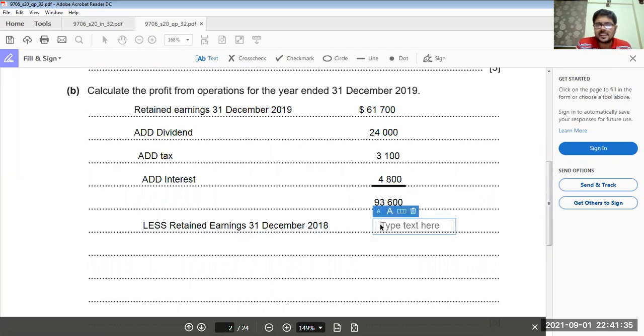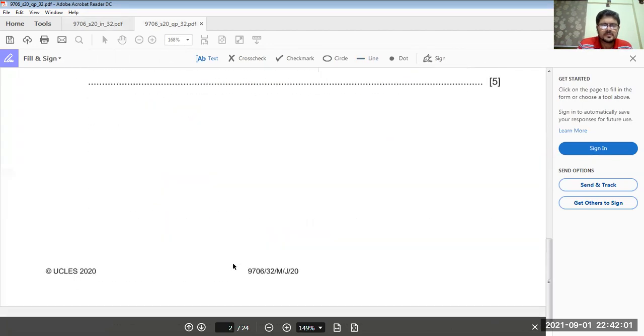The ending of 2018 means the start of 2019. That is 88,000. So what would be the profit from operations? Definitely 5,400. Profit from operations.